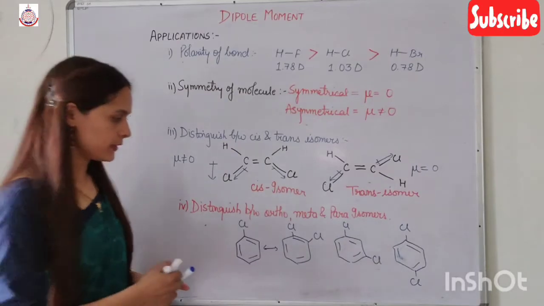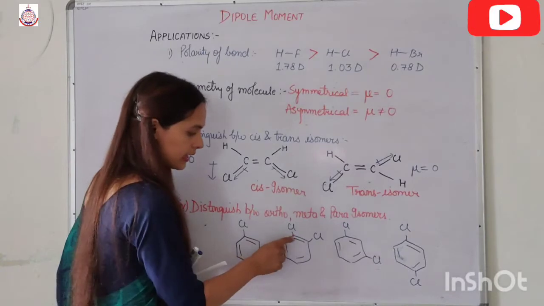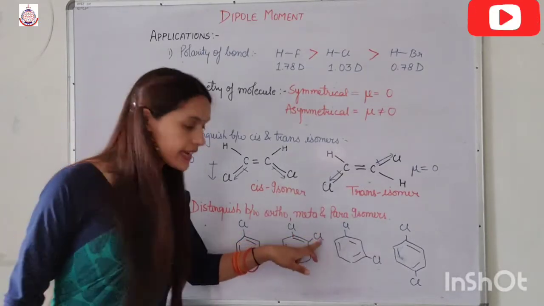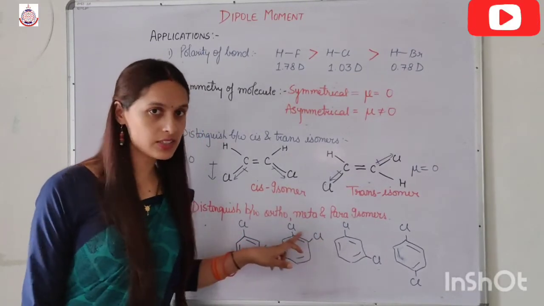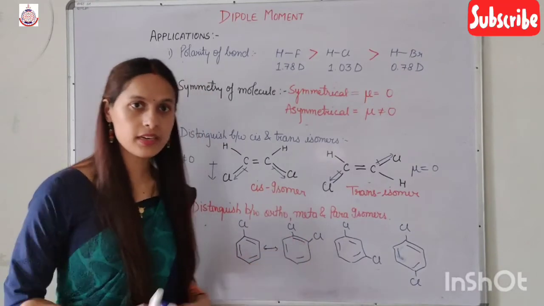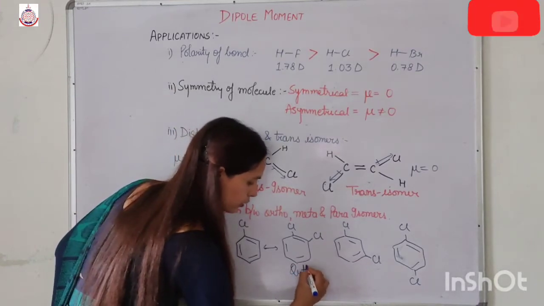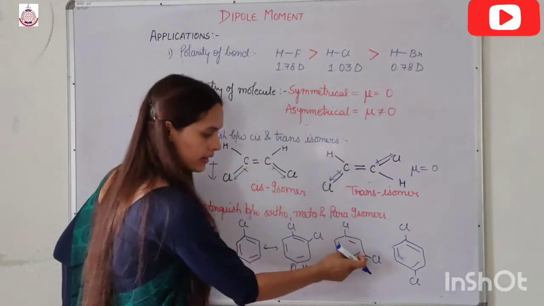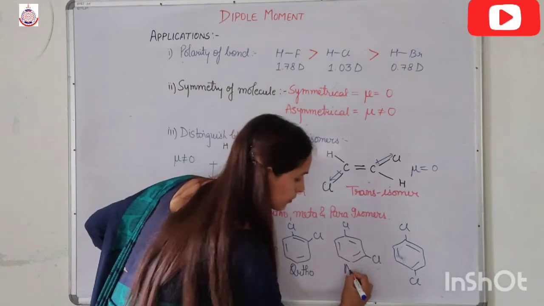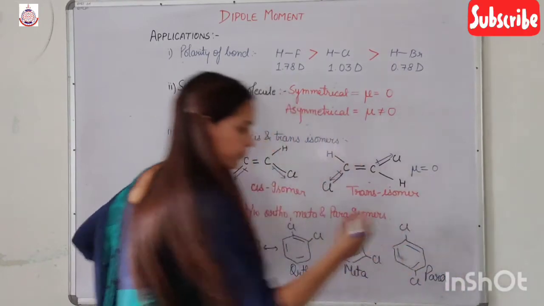Now what happens in this case? In this case, when the second atom is present just adjacent to the first atom, then the position is ortho. This position is ortho. When here it is meta and one opposite, then it is para.